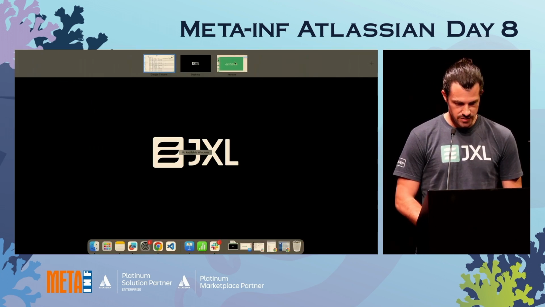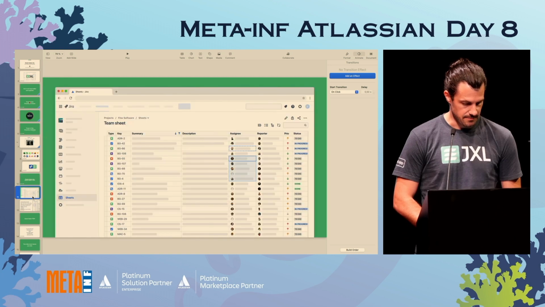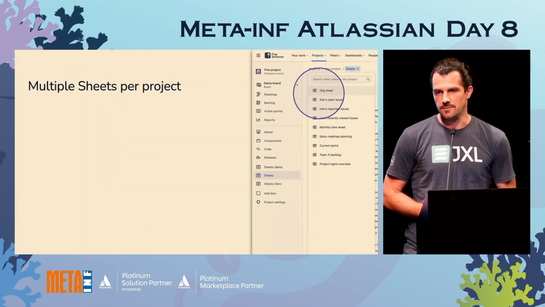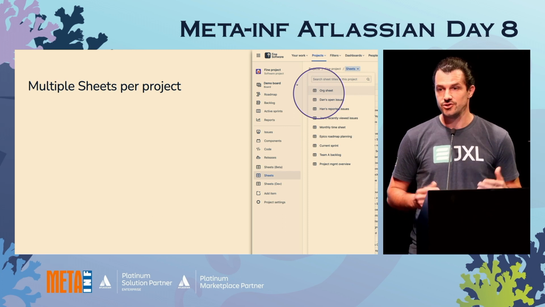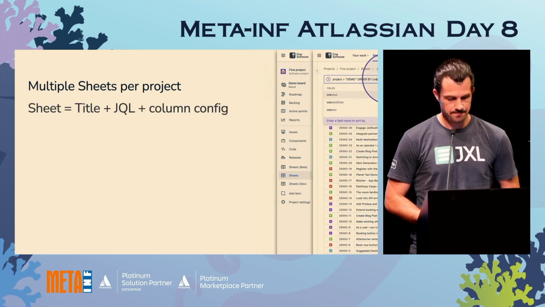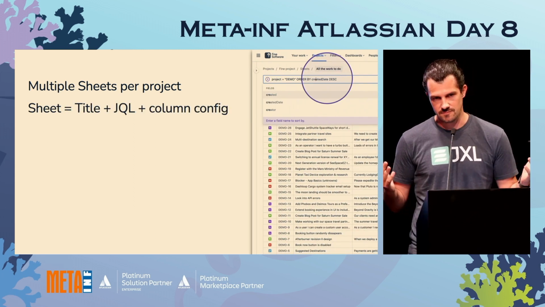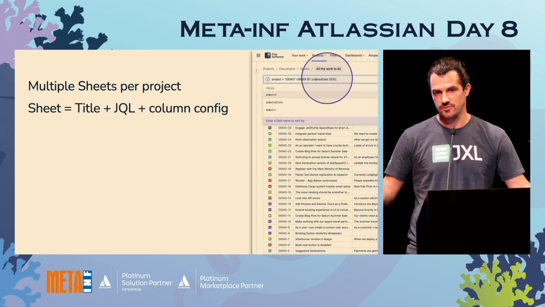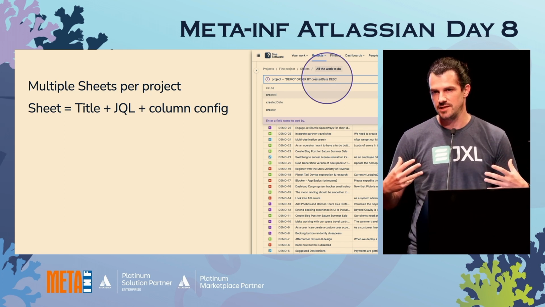Yeah, so switching back to my slides, let's really quickly recap that. What JXL is doing is introducing sheets to your Jira site. You can have multiple sheets per project. A sheet is virtually three things. It has a name, a title. It has a JQL statement, which defines which issues are part of the sheet.